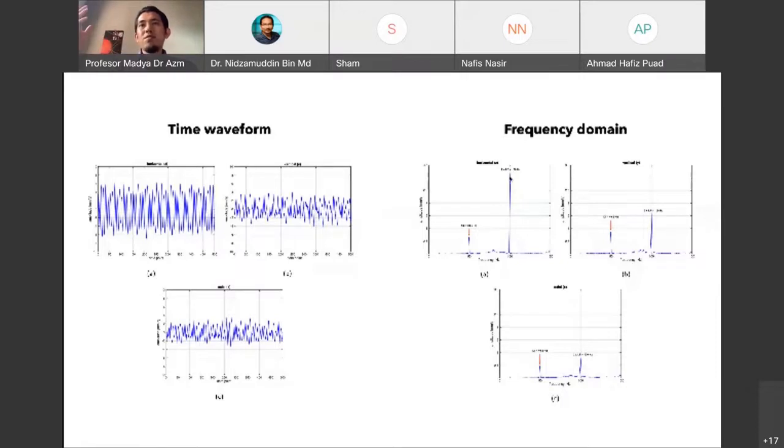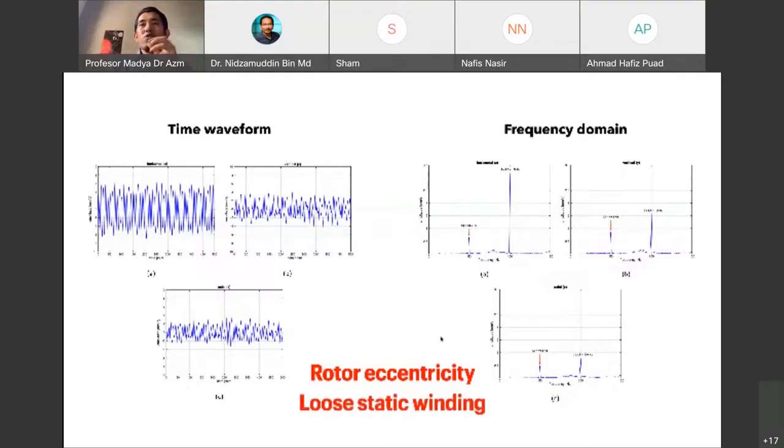So 2 times line frequency, 100 Hertz, is very high. That kind of line frequency has something to do with instability of electricity inside the motor. In vibration analysis, the possibilities can be rotor eccentricity, and also loose static winding.